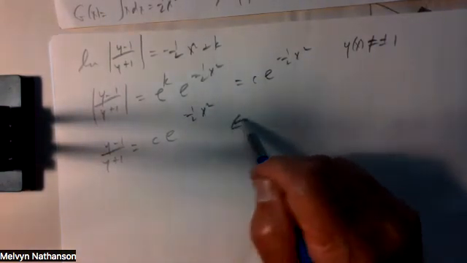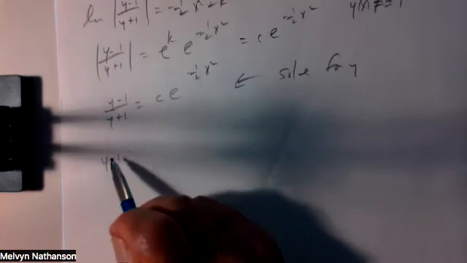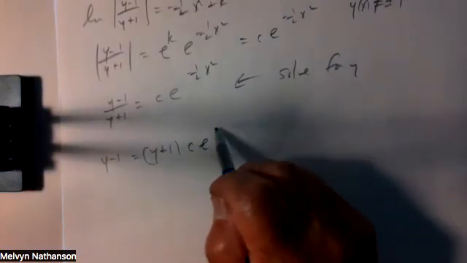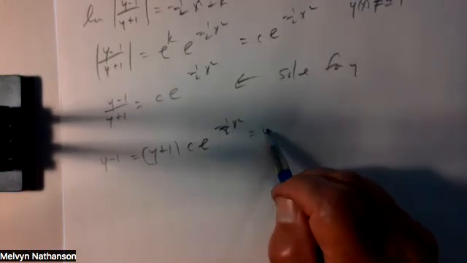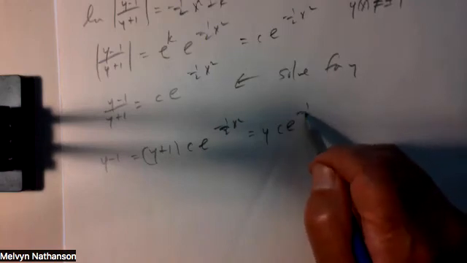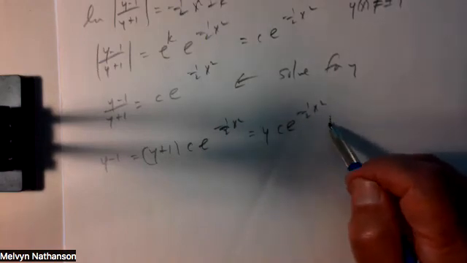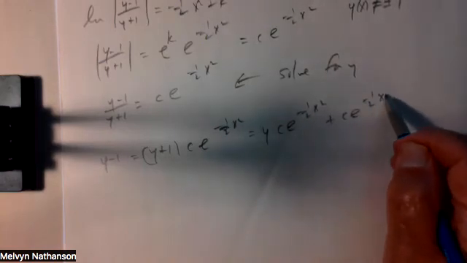And we can take this equation and solve for y. Let me just do it. Cross multiply: y minus 1 is y plus 1 times c e to the minus a half x squared. That's y times c e to the minus a half x squared plus c e to the minus a half x squared.